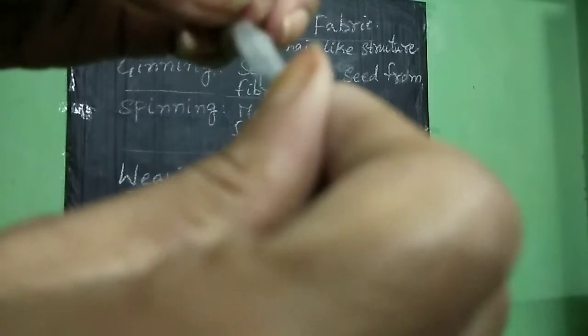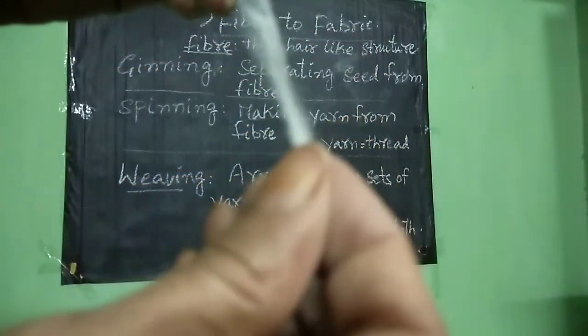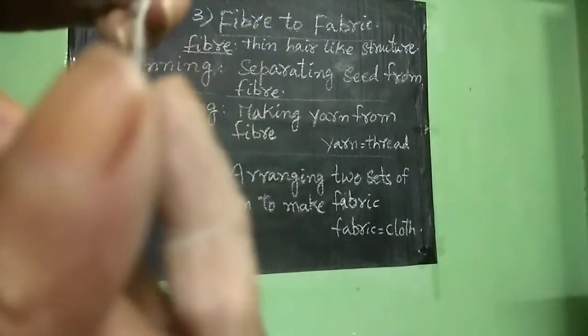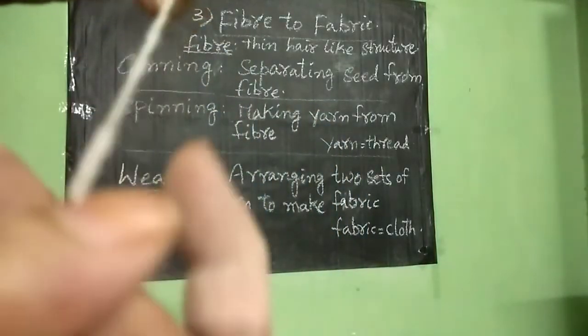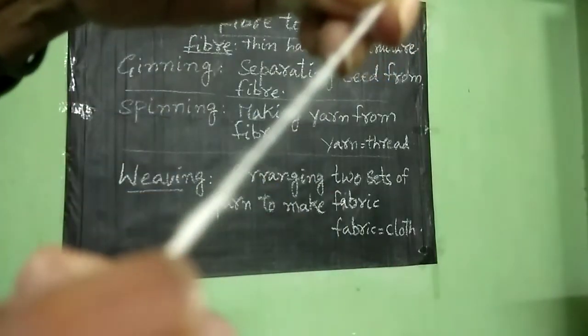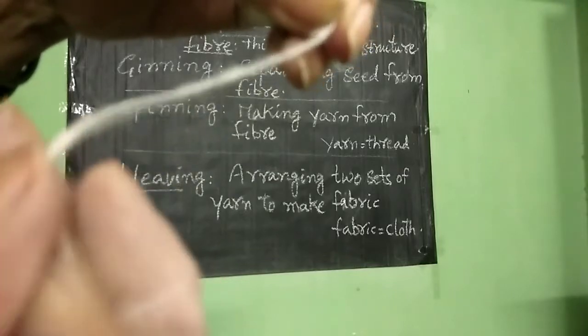Then what they will do, then pulling out like this and twisting and making thread, that is called spinning. See, the threads are forming. This thread is nothing but it is called yarn. So this is hand spinning.